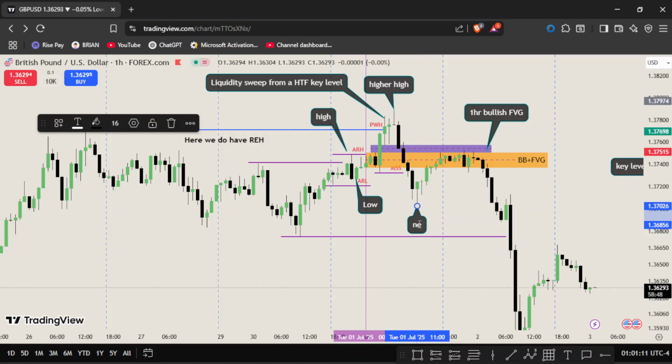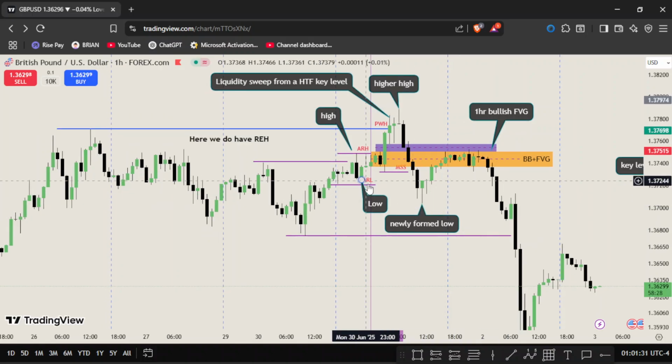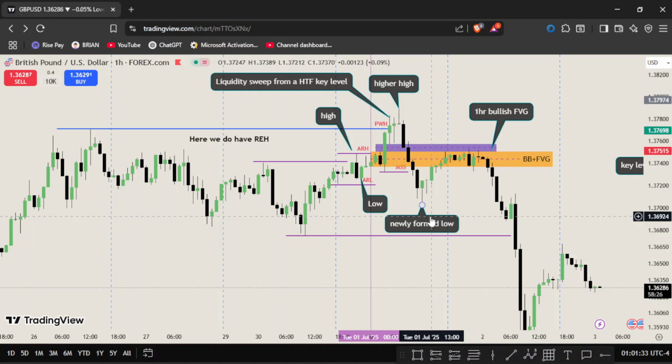So these are newly formed lower low, or our newly formed low. You can just put it like that, because you swept this low, so you formed a new low, meaning we've already changed the market structure.